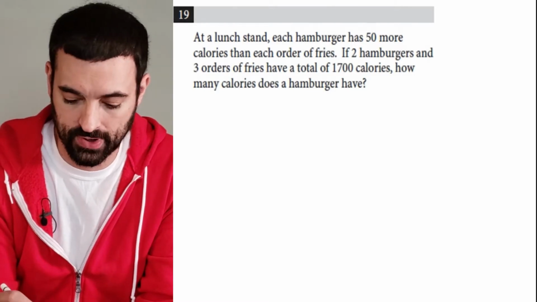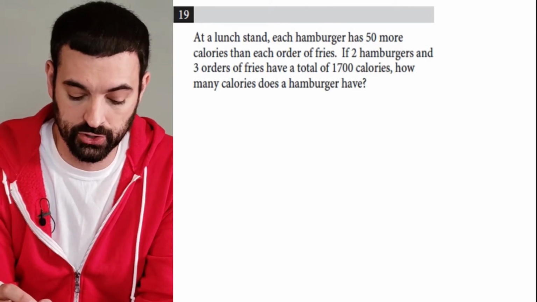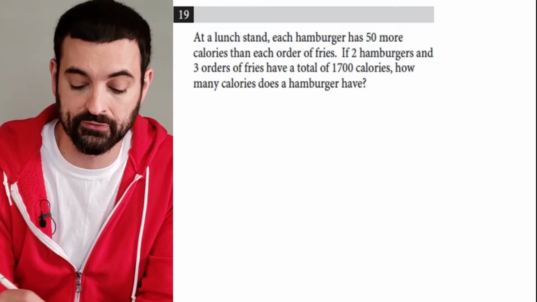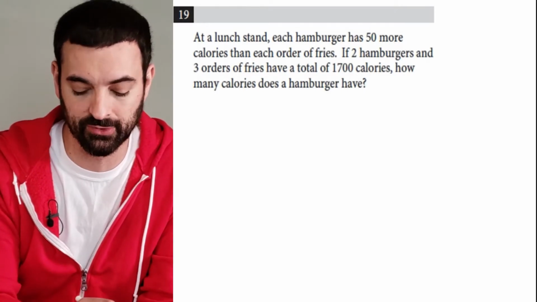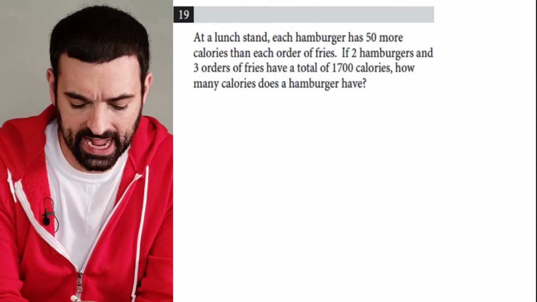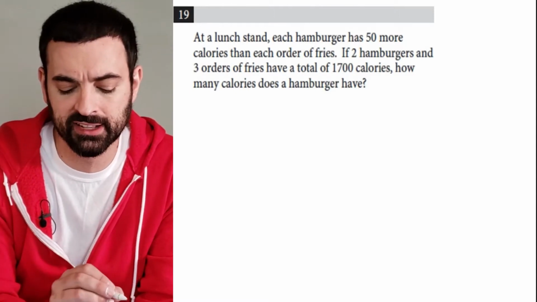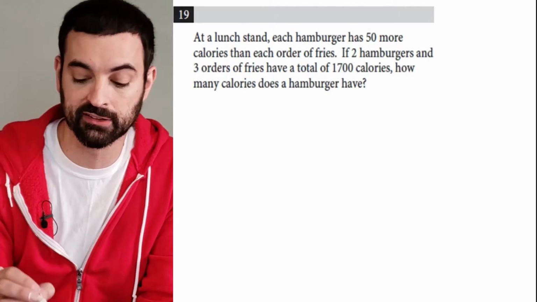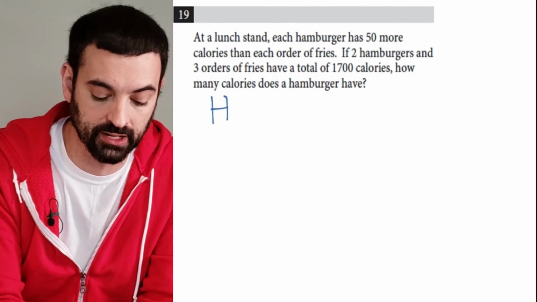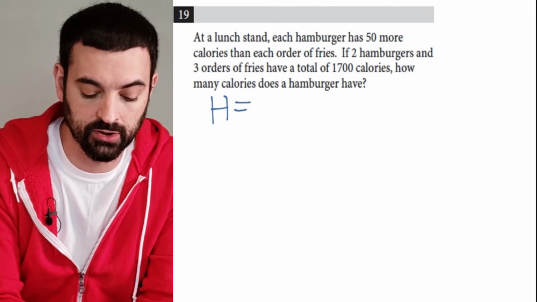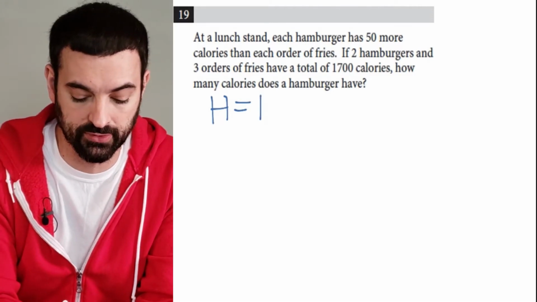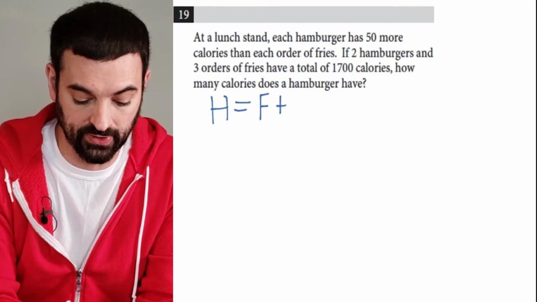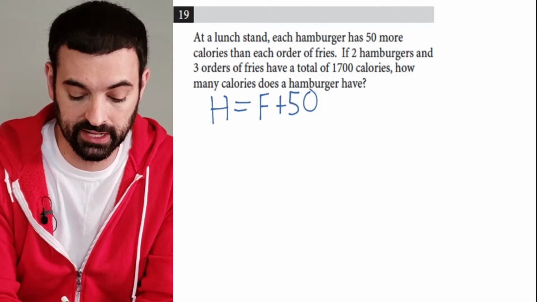All right, so again, we're going to put hamburgers and fries, or the calories from each, in relation to each other. So we know that a hamburger has 50 more calories than an order of fries. So the number of calories in a hamburger is equal to the number of calories in an order of fries plus 50, right?